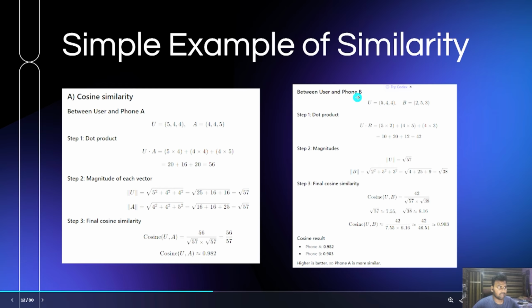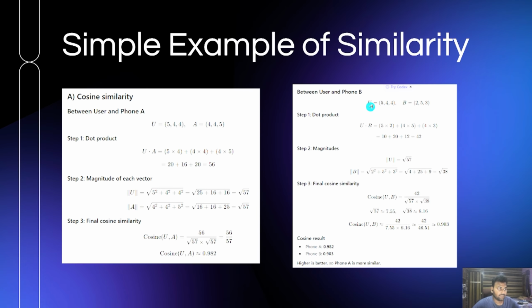Similarly, we will calculate for phone B. The user is 5, 4, 4 and phone B is 2, 5, 3. The dot product of user and phone B is 5 into 2 plus 4 into 5 plus 4 into 3, that is 10 plus 20 plus 12, that is 42. And the magnitude of the user is root over 57, which we have already calculated here.